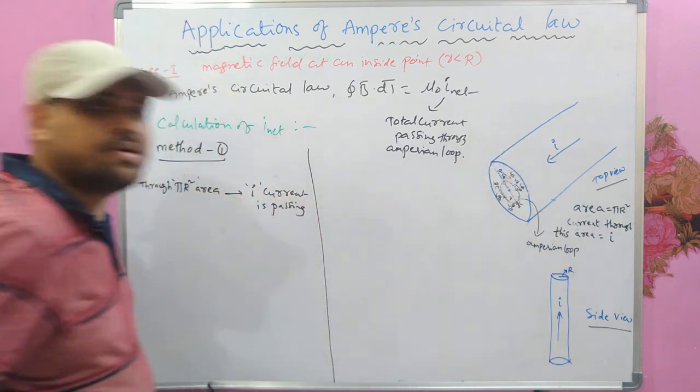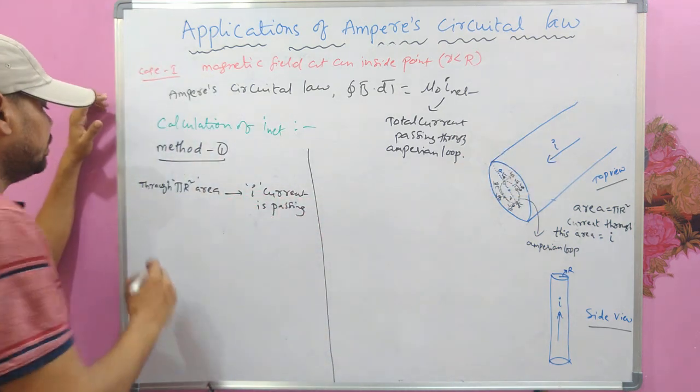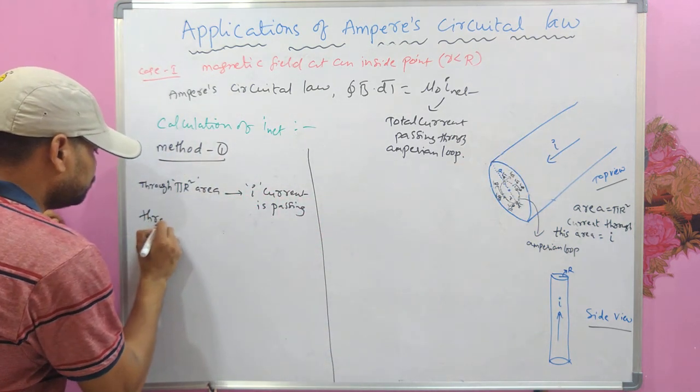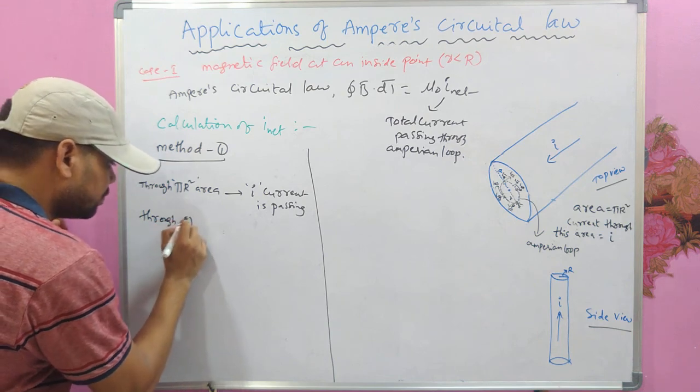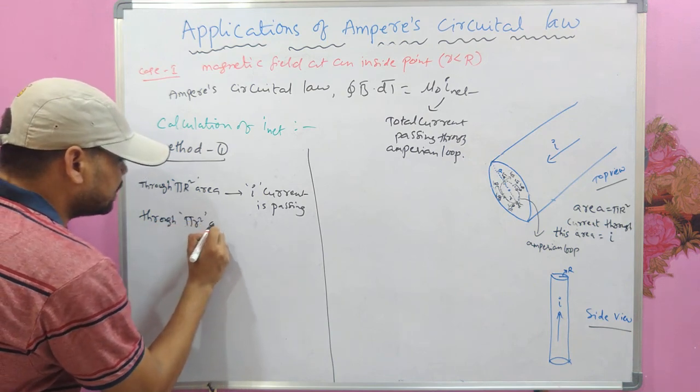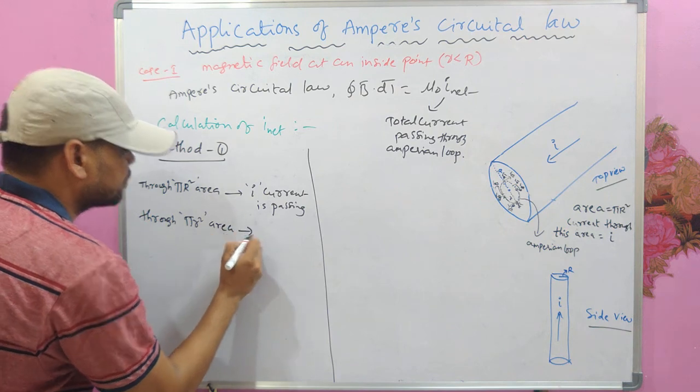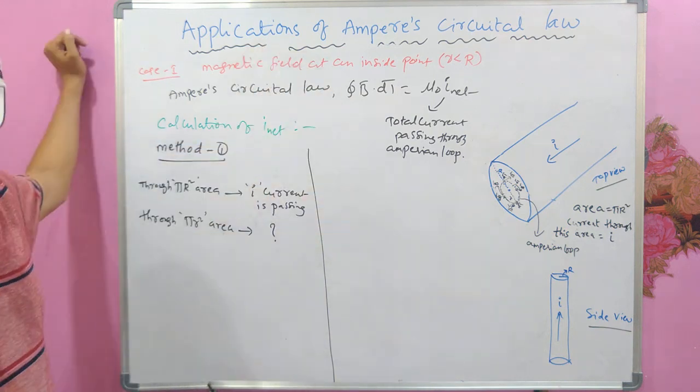That is what the given problem says. Now, through this area, that is pi small r square area, how much is the current passing?